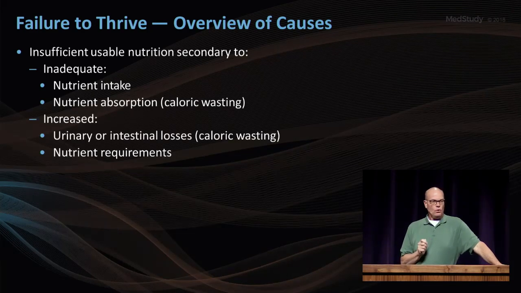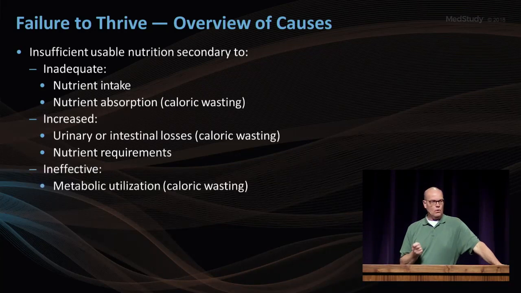How about if the patient has an increased wasting of calories, such as through urinary or intestinal losses, or perhaps has increased nutrient requirements due to, for example, severe congenital heart disease? Or is there ineffective use of the nutrients, i.e., from an underlying metabolic problem?